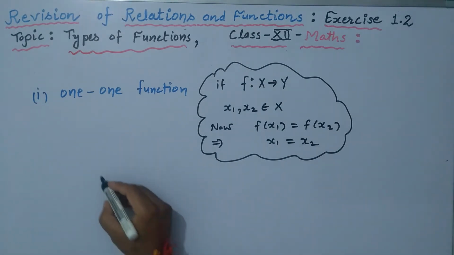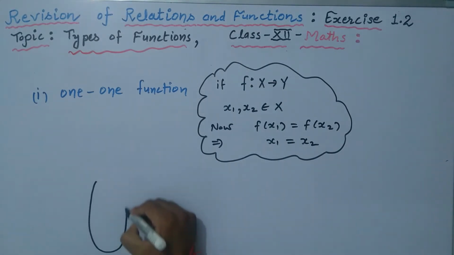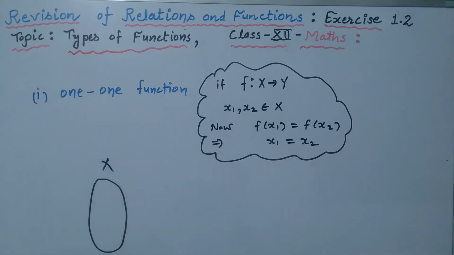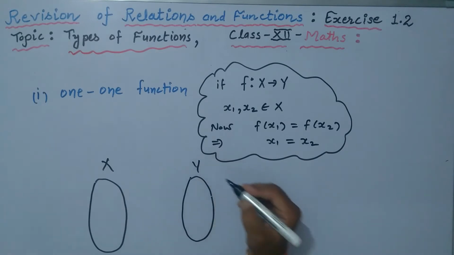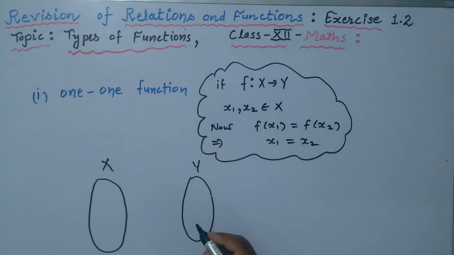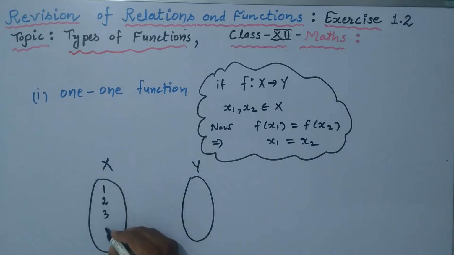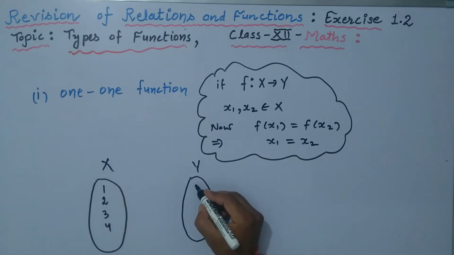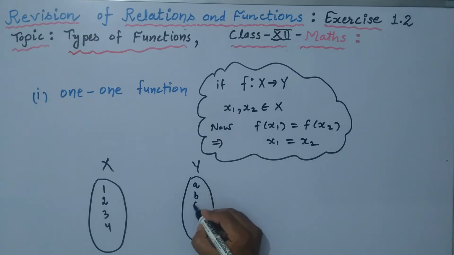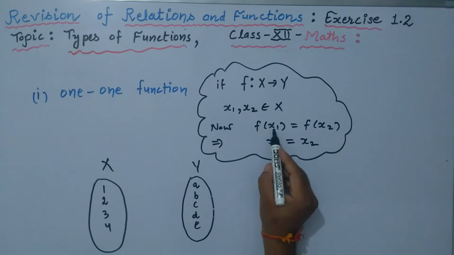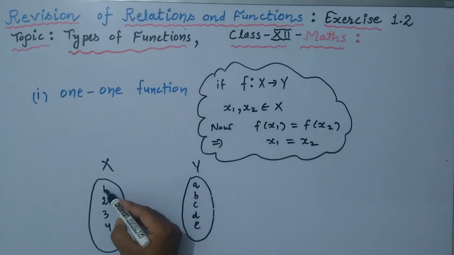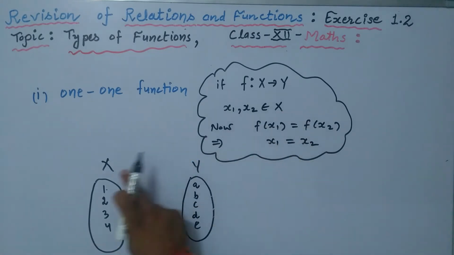So let us try to understand this with one example. Suppose this is set x and this is set y. We take the elements of set x as 1, 2, 3, 4, and here we take a, b, c, d, e. These are x1, x2, x3, x4 in set x.